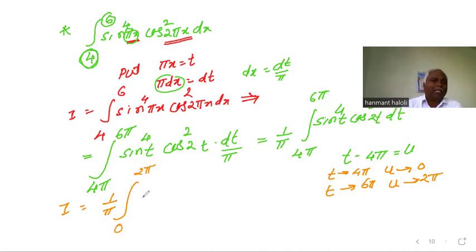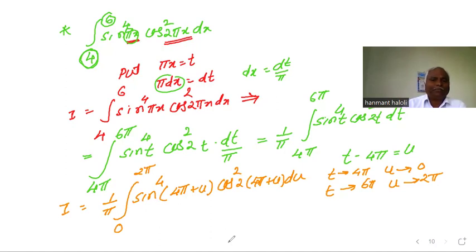Then sin^4, in place of t becomes 4π plus u, and likewise cos^2 of (4π plus u), and differentiation gives du.